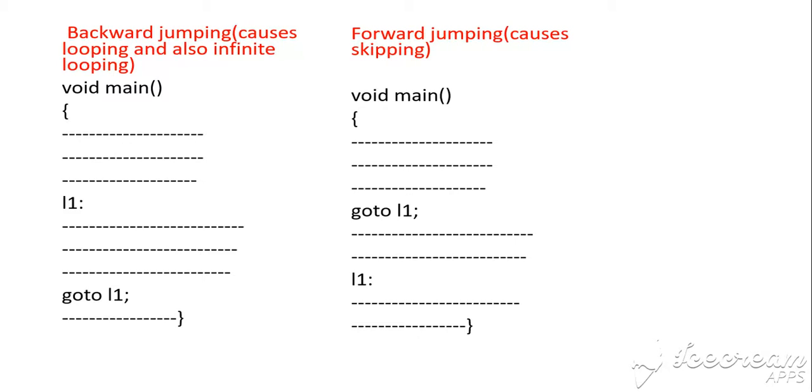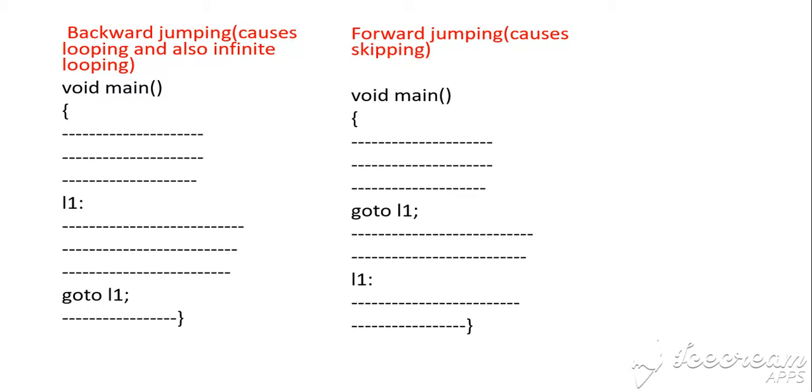The program control will be shifted back to the L1 label. The statements between the label and the goto statement will be repeatedly executed. One thing to note is that if proper conditions are not applied, it may lead to infinite looping. So proper conditions should be placed to stop the execution, and backward jumping causes a looping effect.